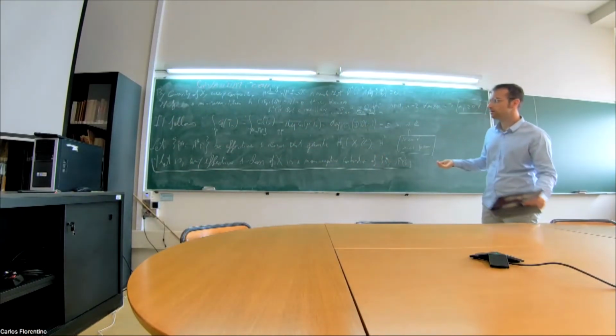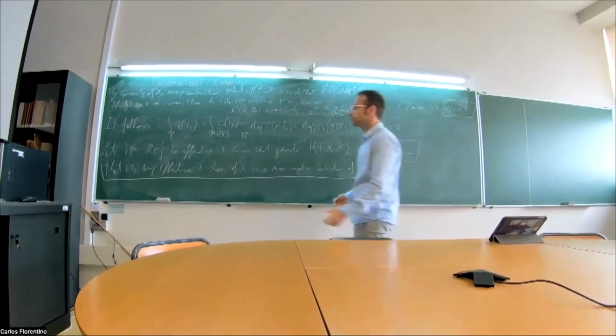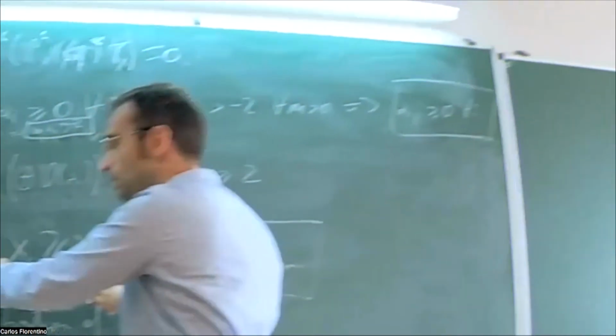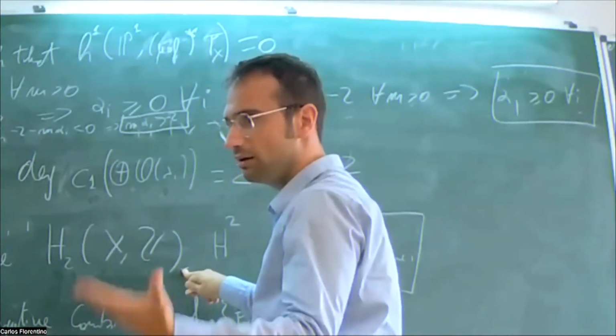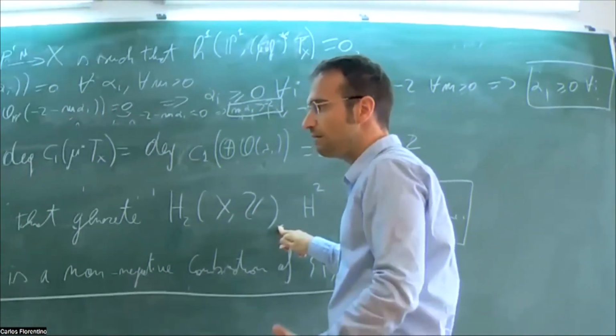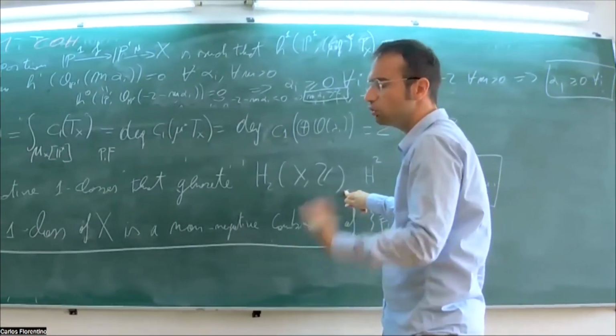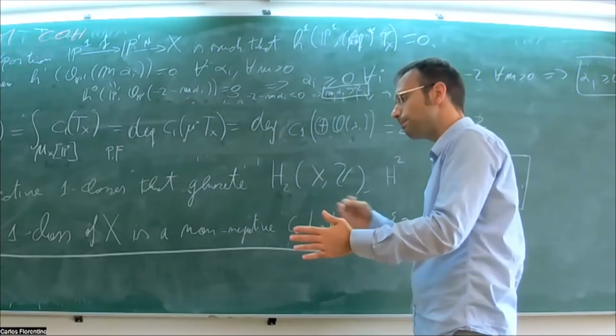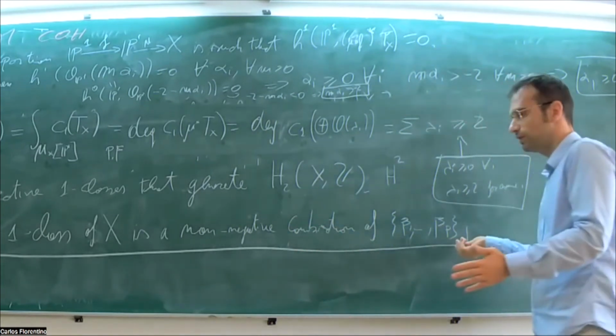In general, okay, we have the generators of this space. They could be effective, but it's not true in general that an effective one-cycle is a non-negative combination of this one.